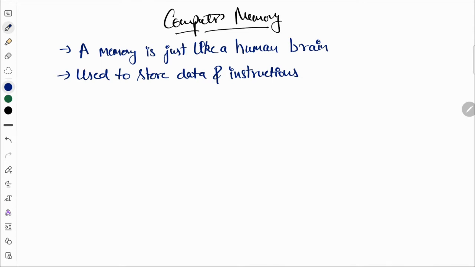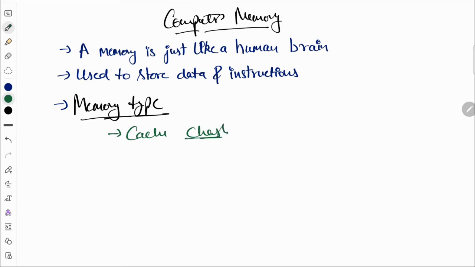Computer memory is the storage space in the computer where data is to be processed and instructions required for the processing are stored. Memory types: first one, cache memory.